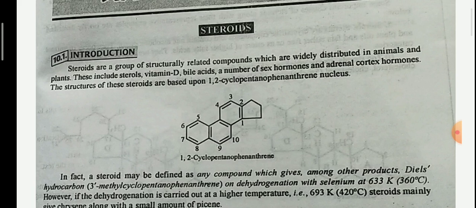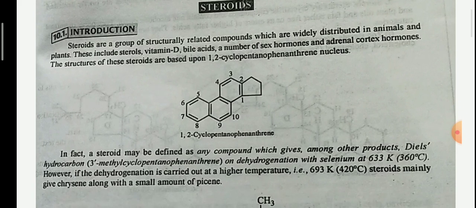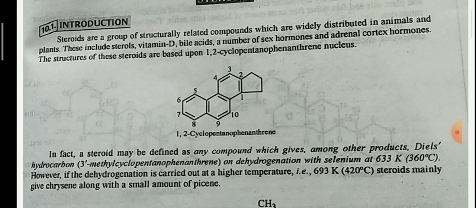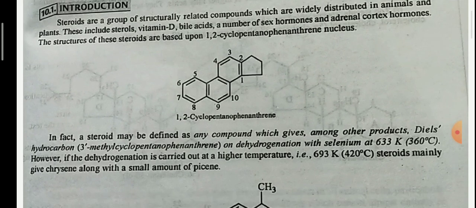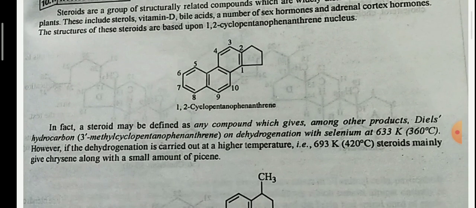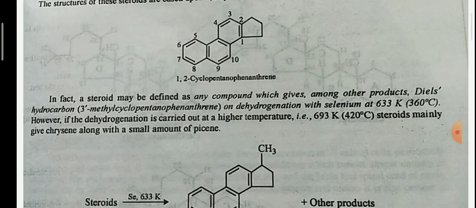The structures of these steroids are based upon 1,2-cyclopentanophenanthrene nucleus. In fact, a steroid may be defined as any compound which gives, among other products, Diels hydrocarbon, 3-methylcyclopentanophenanthrene, on dehydrogenation with selenium at 633 Kelvin or 360 degrees Celsius.